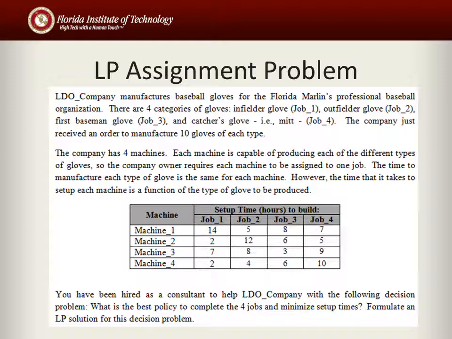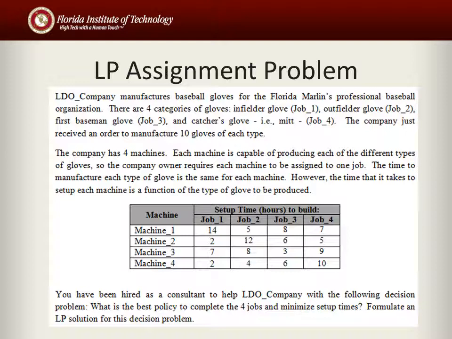Setup time for machine number 1 to do job number 2 is 5 hours, for job number 3 is 8 hours, and to set up machine 1 to do job number 4 takes 7 hours. The same goes for the other machines 2, 3, and 4. So you're given setup times, and those differ. The processing time doesn't change per machine or per job, but the setup time does.